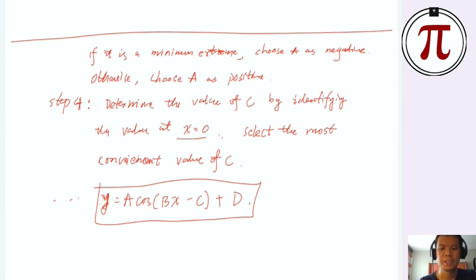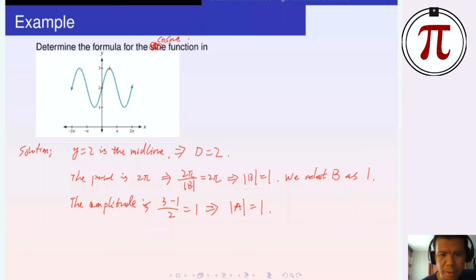So we may say, okay, here is a maximum. You can also say that this is negative, but you just choose one of them. Let's say that here is the maximum.